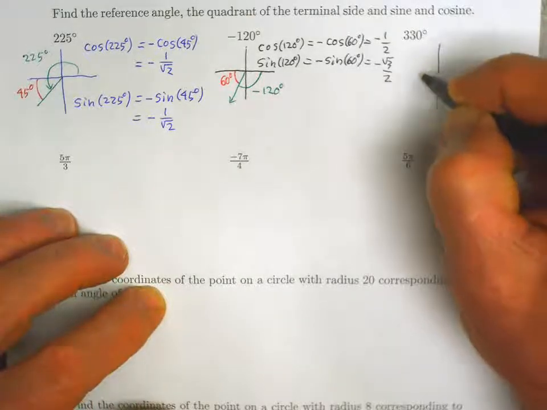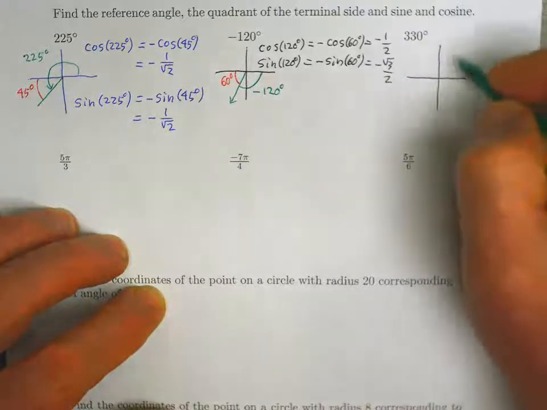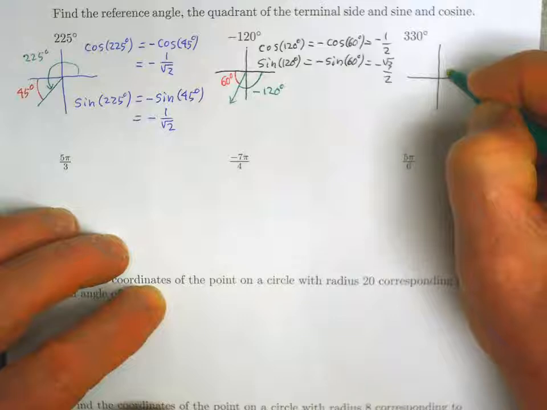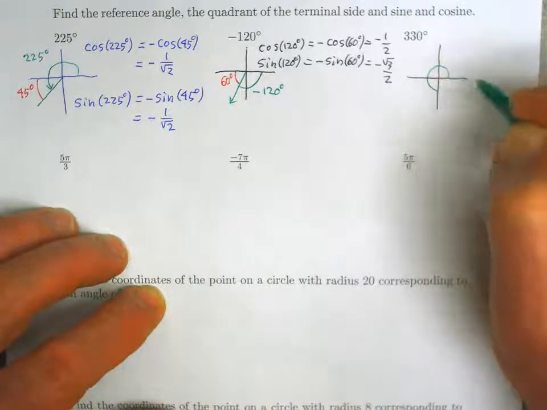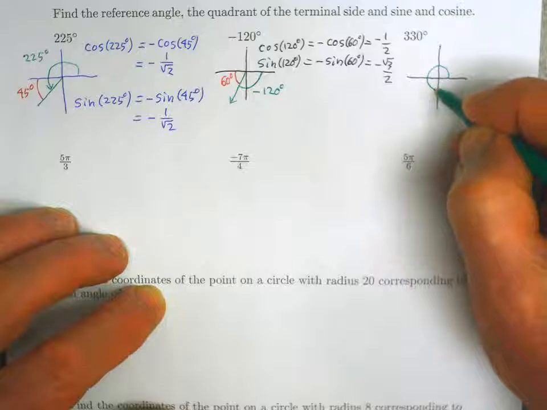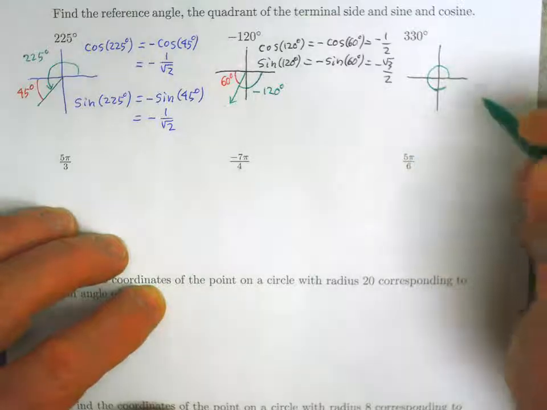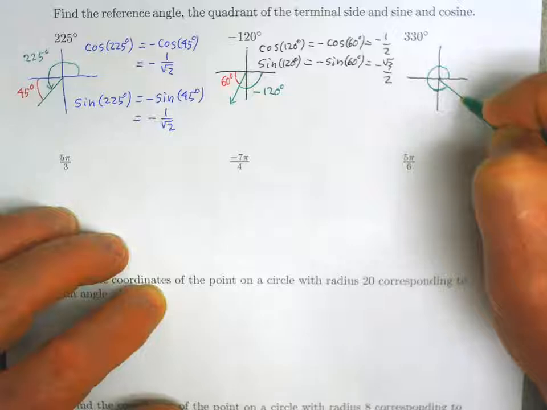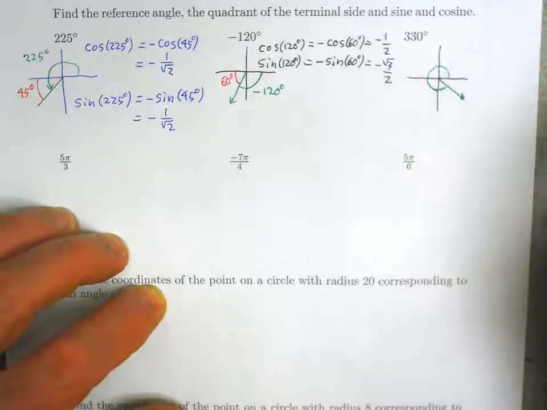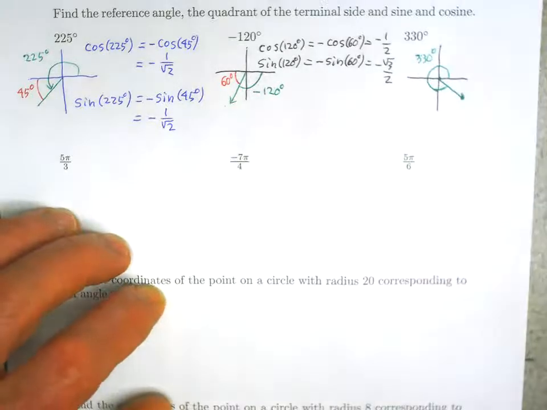So counterclockwise 330 degrees. Well, there's 90, 180, 270. Well, all the way, one complete revolution is 360 degrees. Okay, so here is our 330 degree revolution.